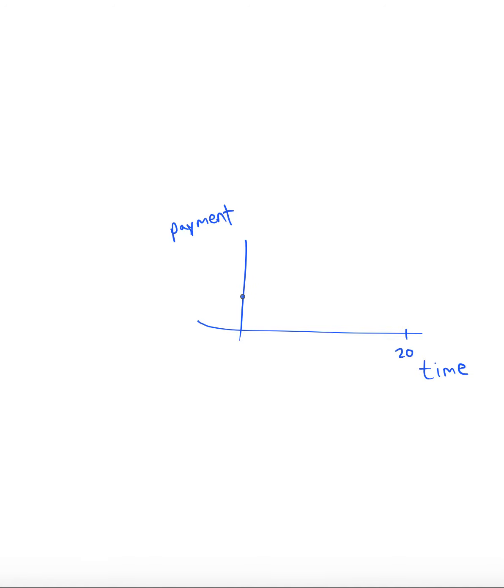All this would be just a series of dots, and there would be 20 dots. And then if we want, we could represent them as vertical lines as well, because this would have been with discrete payments. And let's say it was just a one-time payment each year of $20,000.